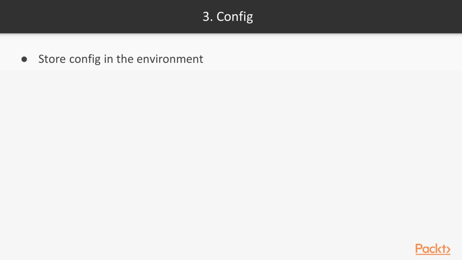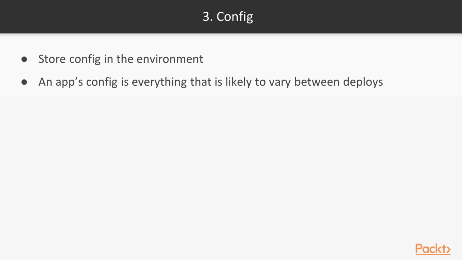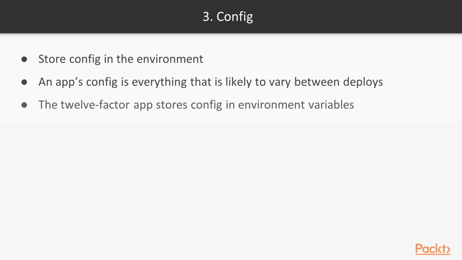The third factor is config. We need to store config in the environment. Application config is everything that is likely to vary between deploys, as we remember, those being staging, production, developer environments and so on. This includes credentials, resource handles to the database and other things. The 12-factor app stores config in environment variables.